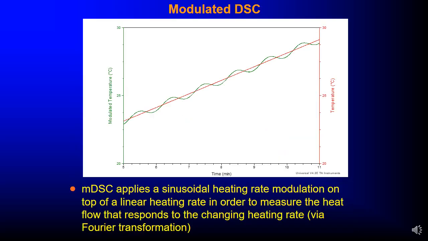Then we have modulated differential scanning calorimetry, which applies sinusoidal heating rate modulation on top of a linear heating rate in order to measure the heat flow that responds to the changing heating rate via Fourier transform. You know how Fourier transform is a very powerful tool.